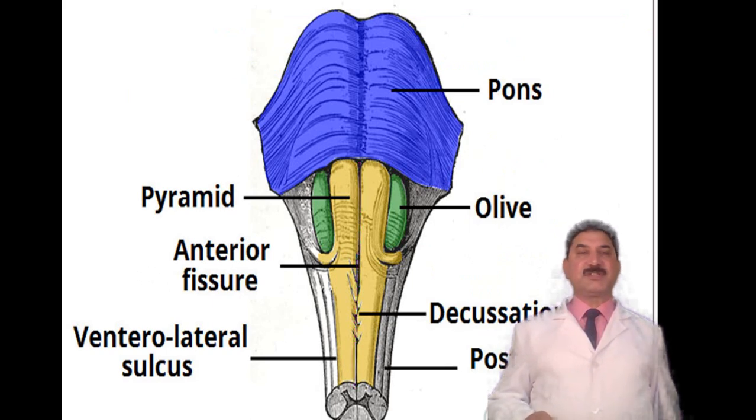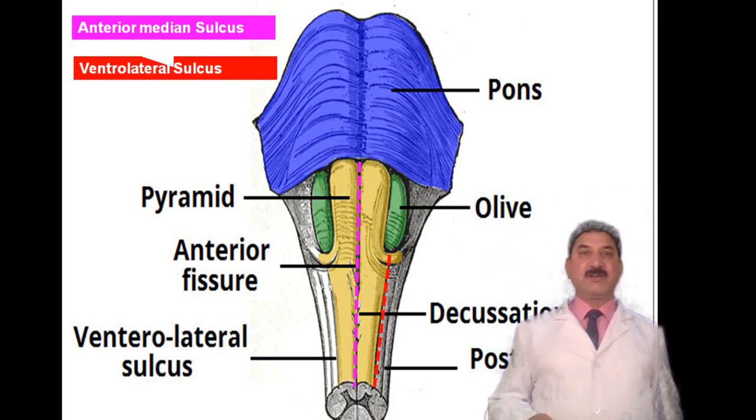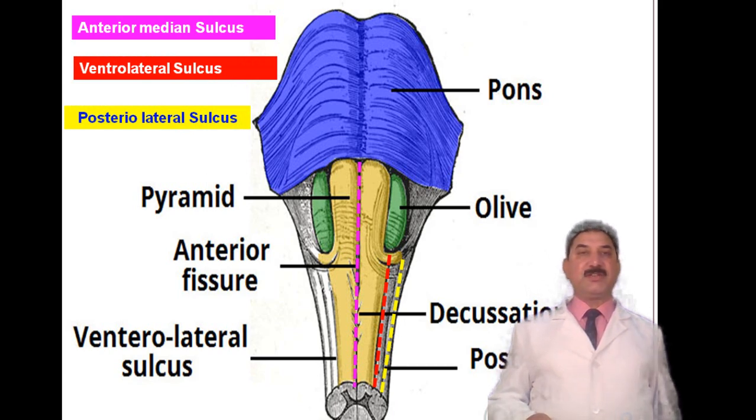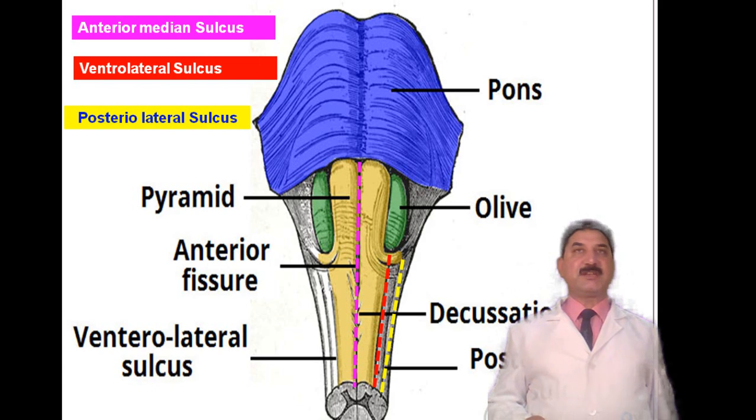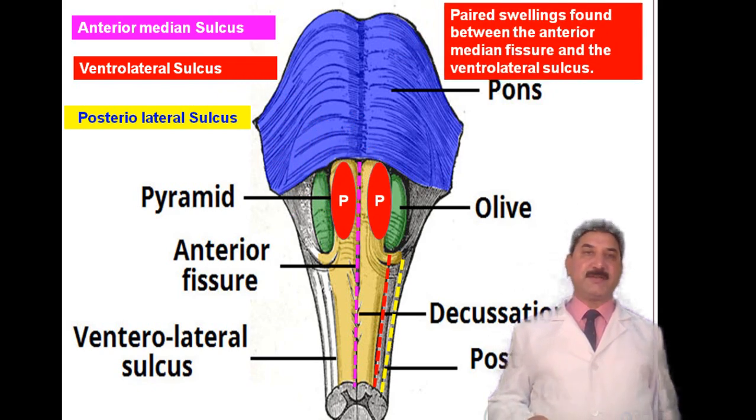Let us go to this picture to make things more clear. So on the ventral surface of the medulla is the anterior median fissure or sulcus. Lateral to it, the anterolateral sulcus shown by the red dotted line, and posterior to that is the posterolateral sulcus shown by the yellow dotted line.